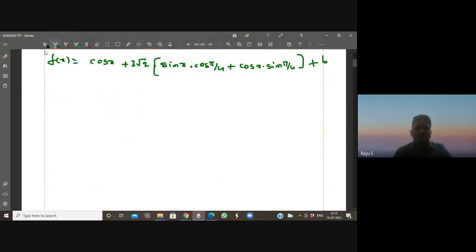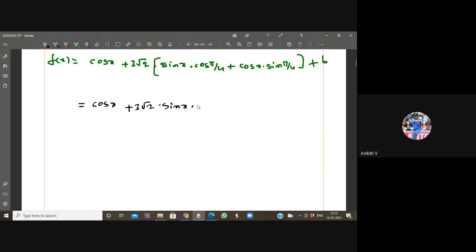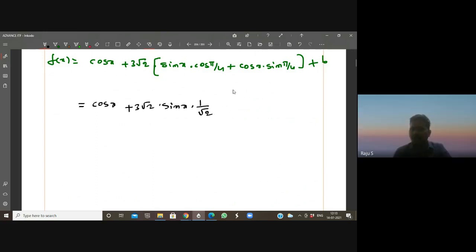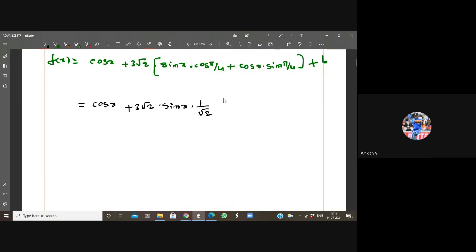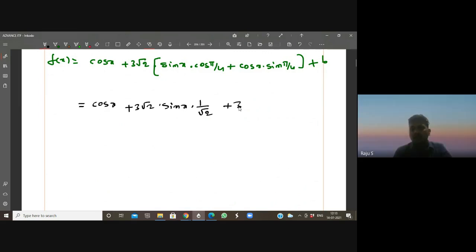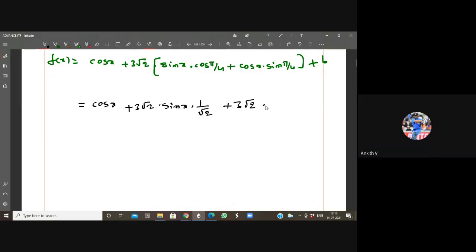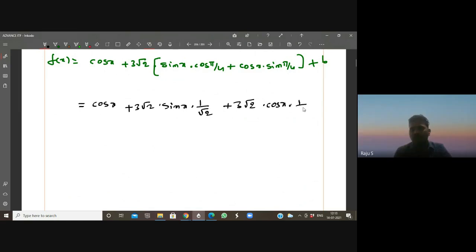Now see here, cos x multiplied with 3 root 2, plus 3 root 2 sin x. We can take 1 by root 2 common. Sin of pi by 4 and cos of pi by 4 are both 1 by root 2. First cos x, you should multiply with 3 root 2, plus cos x into 1 by root 2.